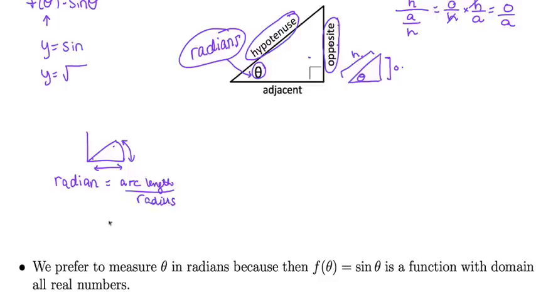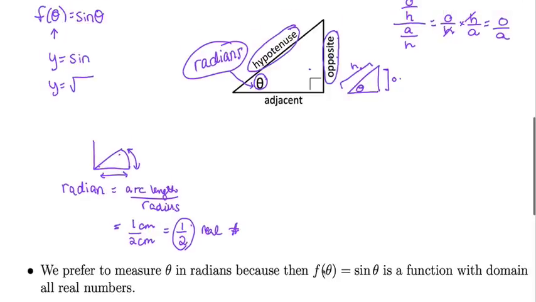So for example, maybe it's 1 centimeter divided by 2 centimeters. What happens then is the units cancel, and you just get a ratio which has no unit. So this is just a real number. So radians are just real numbers. So when we measure the angle theta in radians, then this function f of theta equals sine theta has domain all real numbers.